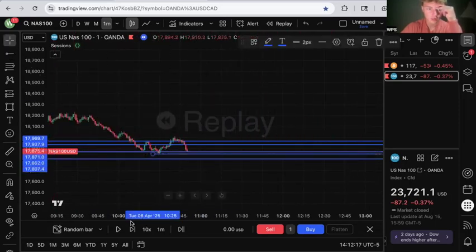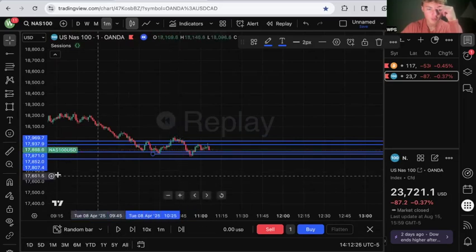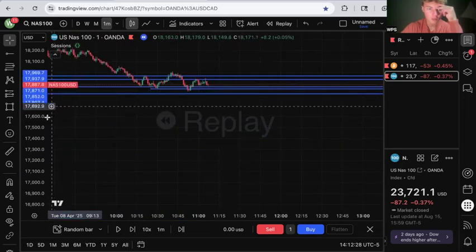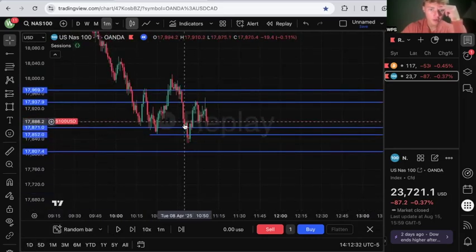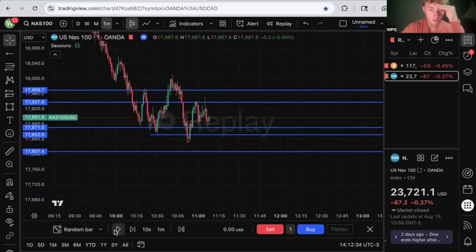From this low here, break below that, break structure to the upside. We enter into the order block, yeah, right here, this zone. So break of structure, there we go.